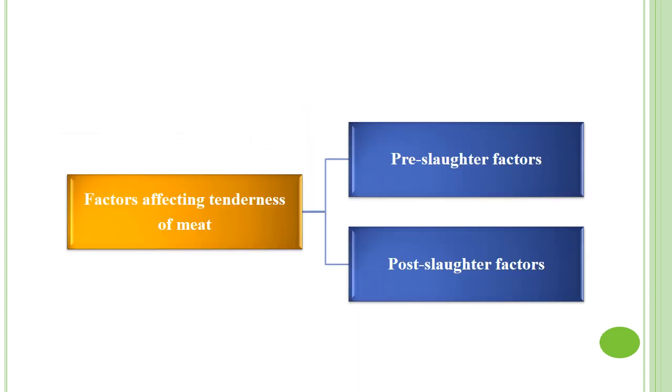As I have already mentioned, the factors affecting tenderness of meat can also be classified into pre-slaughter factors and post-slaughter factors. We will discuss in detail the pre-slaughter factors related to animals and the post-slaughter factors related to practices and other atmospheric and environmental conditions.